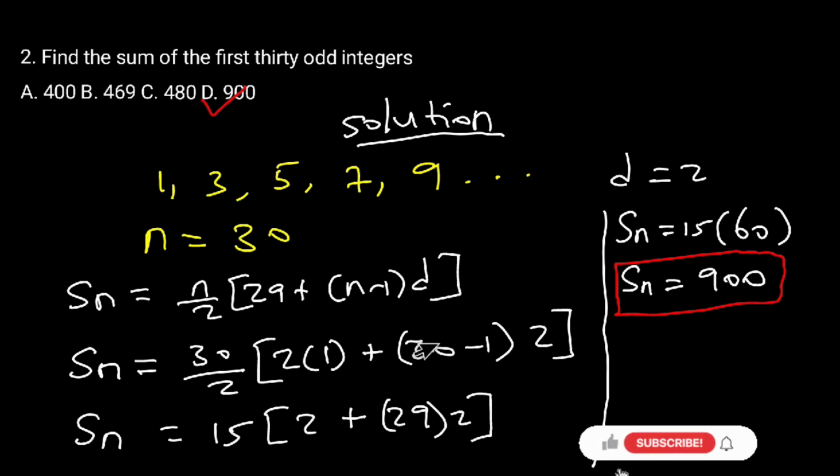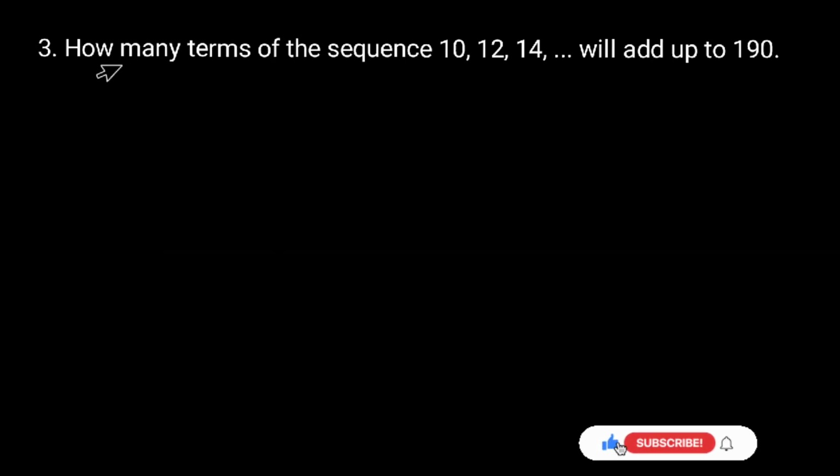Let's move to the next question. Question number 3. How many terms of the sequence 10, 12, 14, and so on will add up to 190? We have the solution. So the first term from the question is equal to 10.